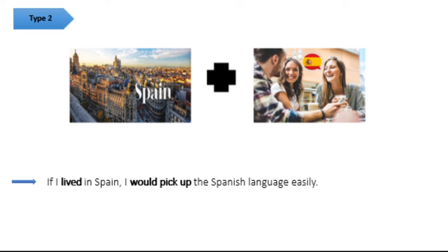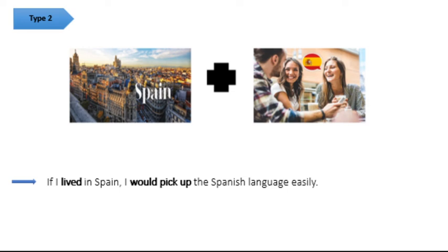Okay, which means I tried to learn Spanish, but it was very hard for me to learn it. It was very difficult for me. But I think if I lived in Spain, I would pick up the Spanish language more easily. So now, do I live in Spain? No, but I think if I lived in Spain, I would pick up the Spanish language more easily.